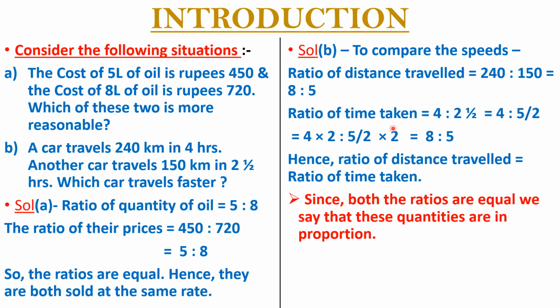Similarly, ratio of time taken by both the car equal to 4:2.5 equal to 4:5/2, which is equal to 8:5. Therefore, the ratio of the distance travelled is equal to the ratio of time taken. Both the ratios are equal.